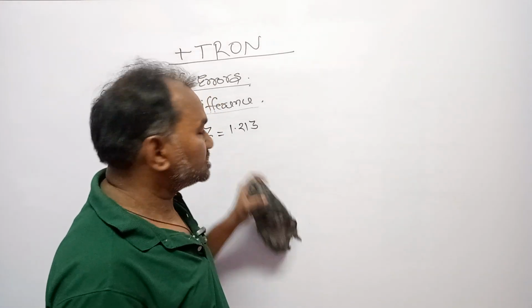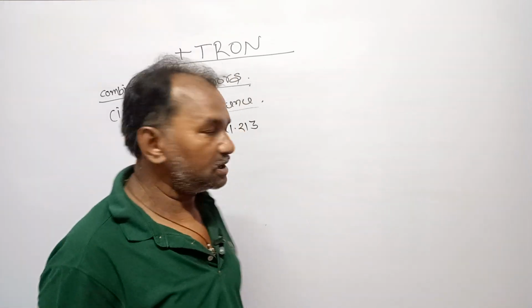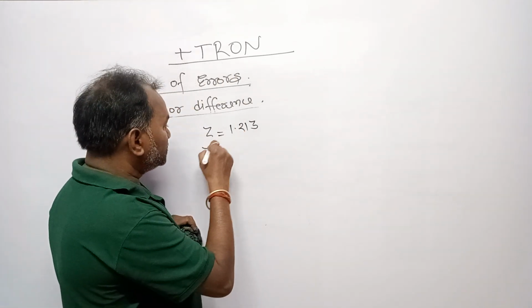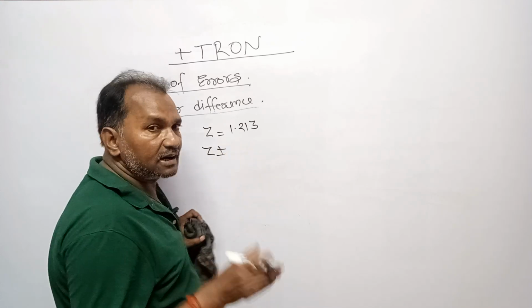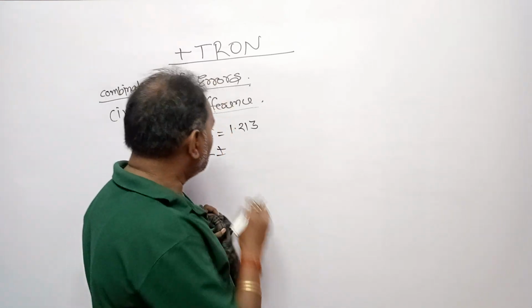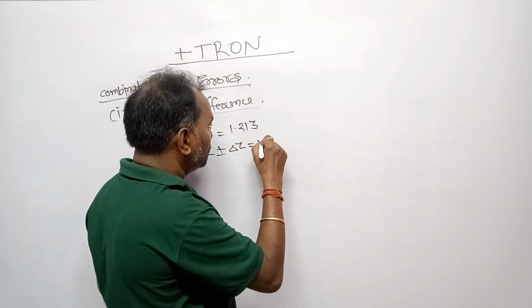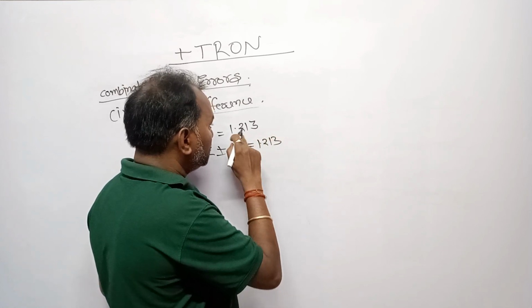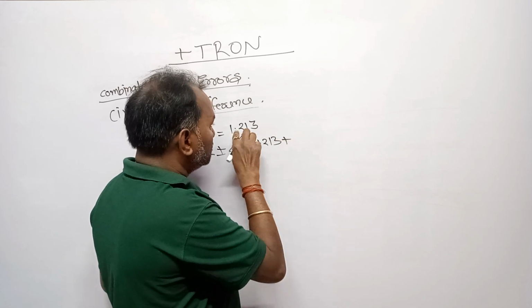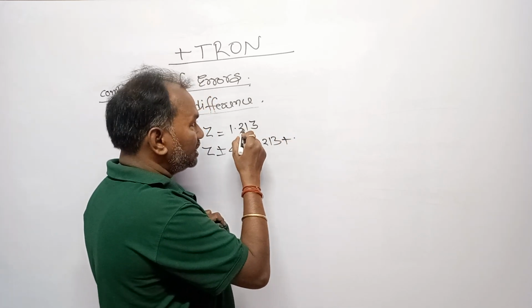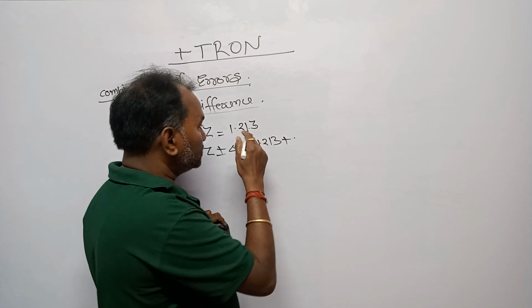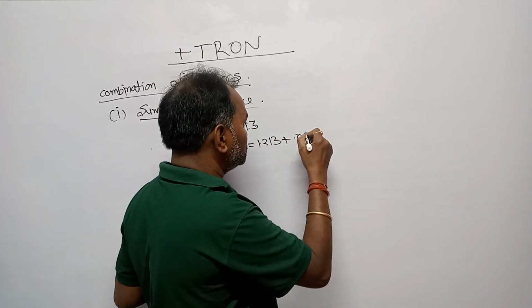Actually, I am talking about the least count error. If the error is not given, then you can write z plus minus delta z equal to 1.213 plus minus 0.001, since there are 3 numbers after the decimal, and so on.